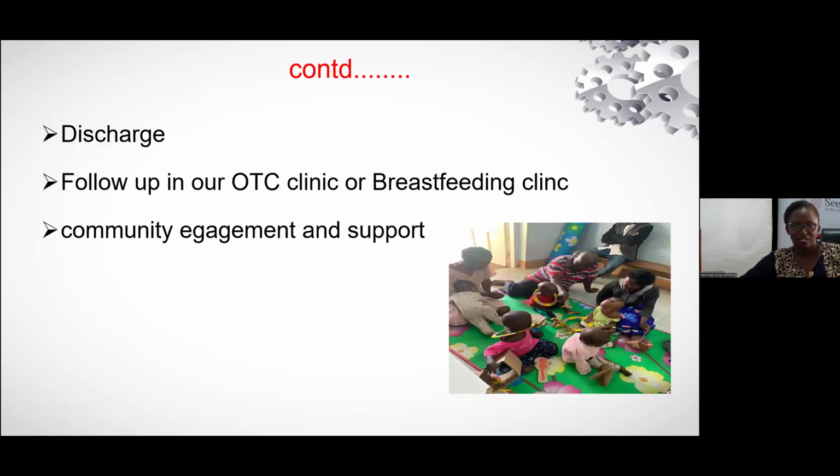And after all this, we shall discharge them. So as you're discharging them, remember, those who are above 6 months old, we are going to follow them every week in our OTC, our outpatient clinics. Those who are less than 6 months, we shall follow them in our breastfeeding clinics. Those who are above 6 months, we shall give them rations of RUTF and follow them up, those who were able to tolerate the RUTF.